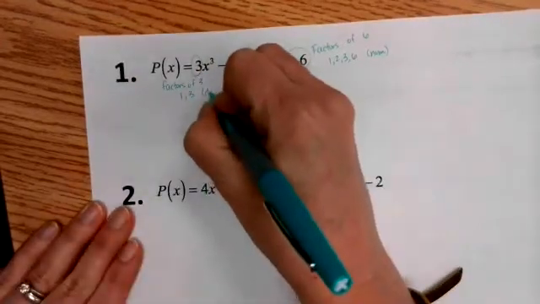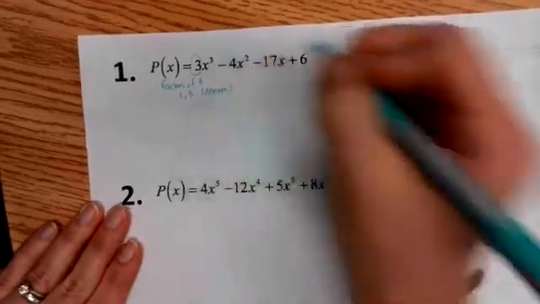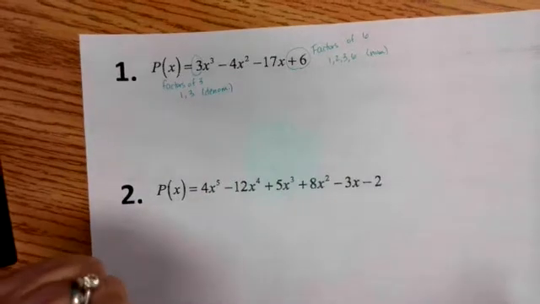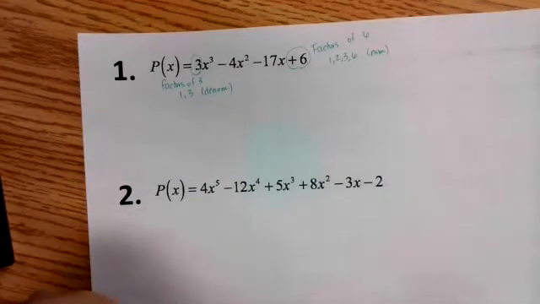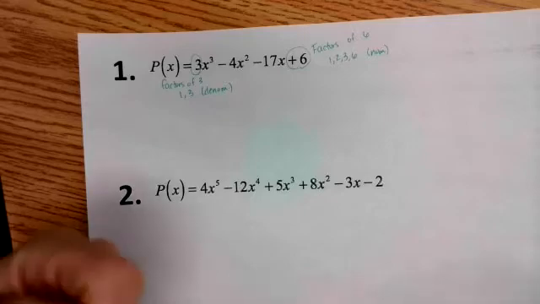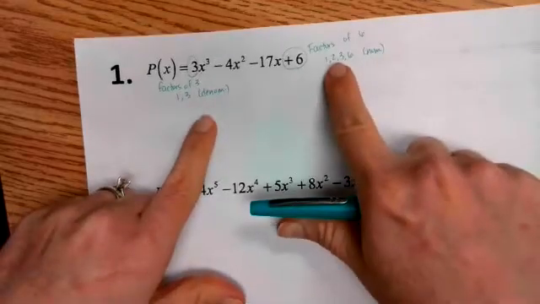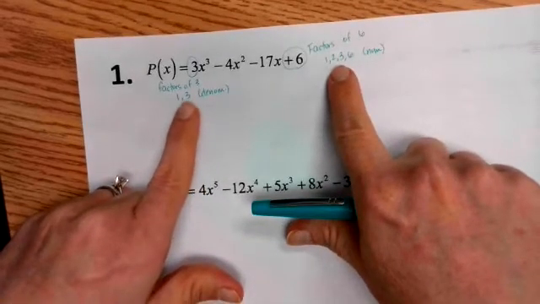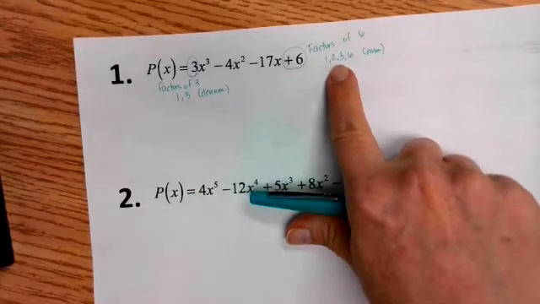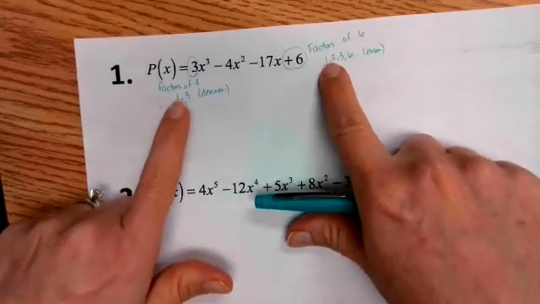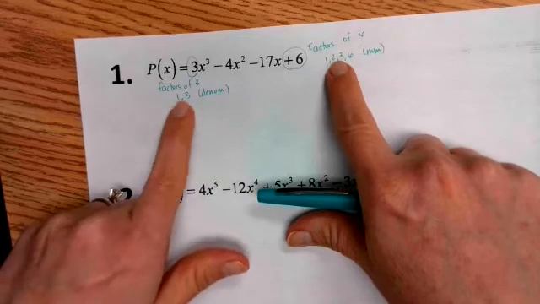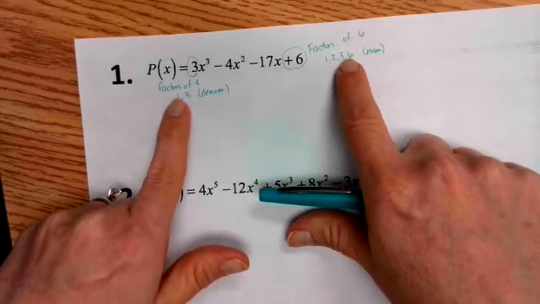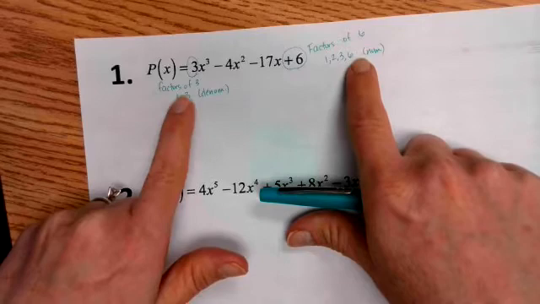These are going to go in my denominator. There will be a total of 8 possible values, positive and negative, so 16 total, because I'm going to take these 4 and put them on top of these 2, one at a time. So that's 1 over 1, 1 over 3, 2 over 1, 2 over 3, 3 over 1, 3 over 3, 6 over 1, 6 over 3.